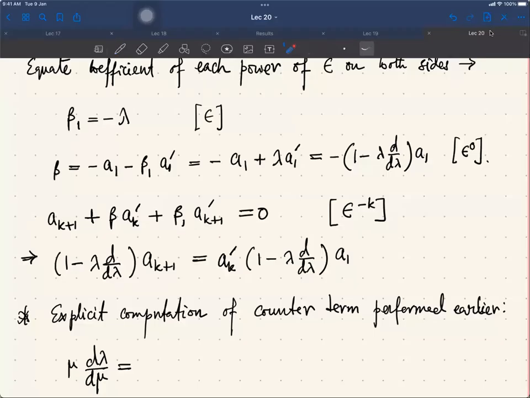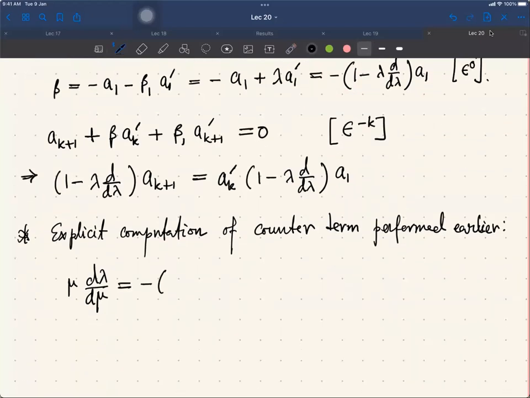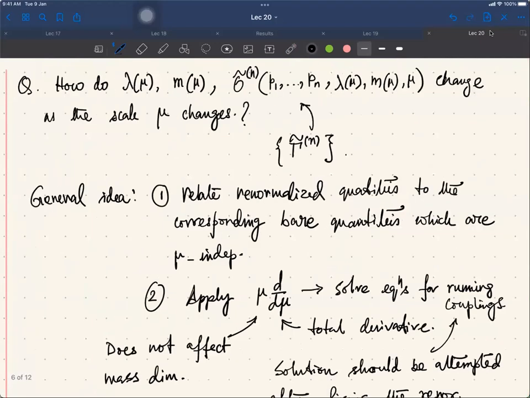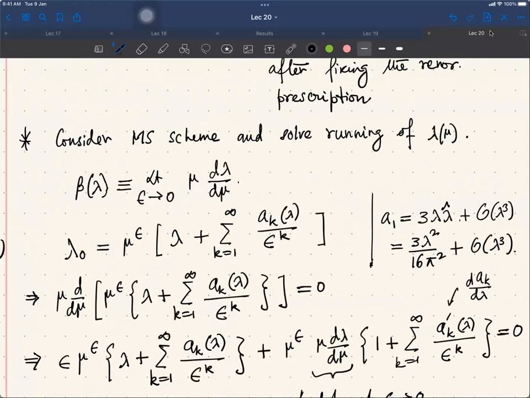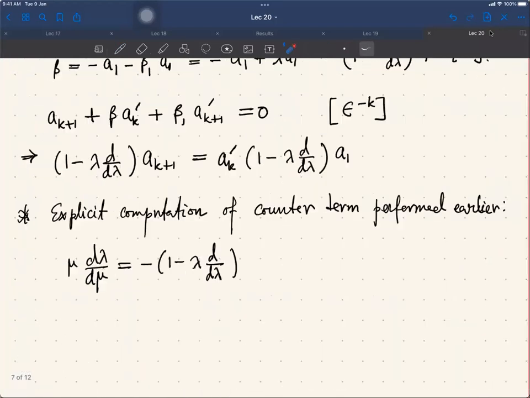We use this expression here. So minus 1 minus lambda d/d lambda of a1, where a1 has been calculated up to lambda square as 3 lambda square by 16 pi square, plus order lambda cube.